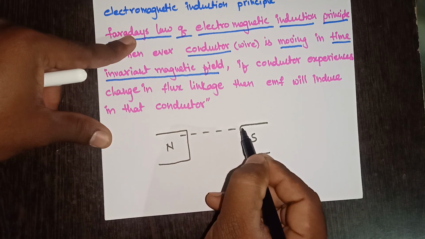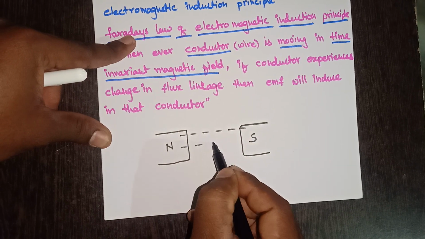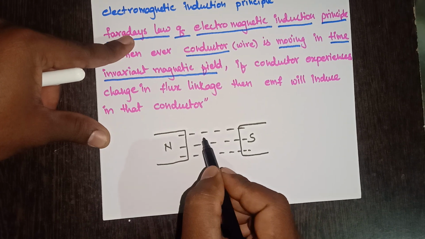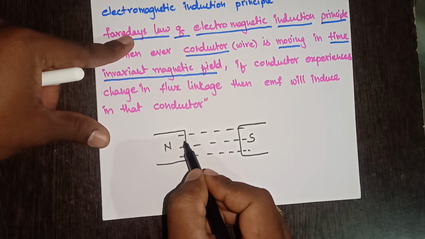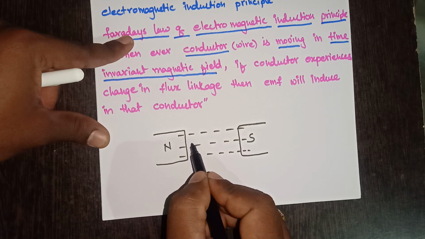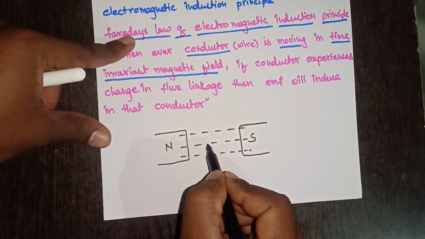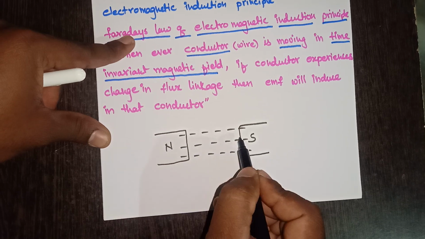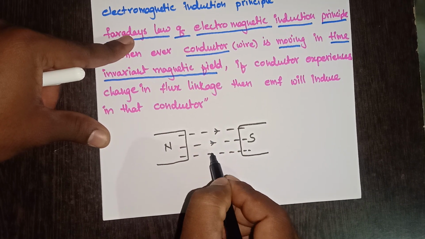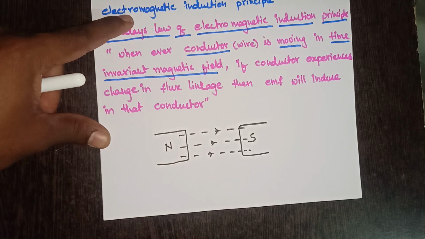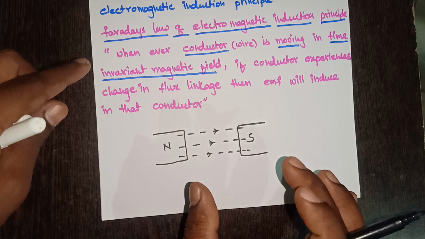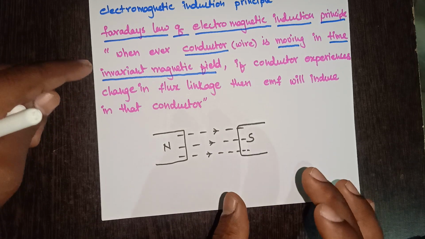Actually a very huge number of flux lines flow from north to south, but to understand the concept I am representing very few, with direction in this way. This I can call a time invariant magnetic field.